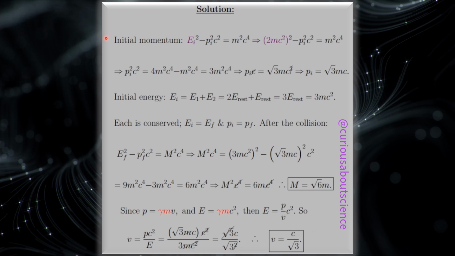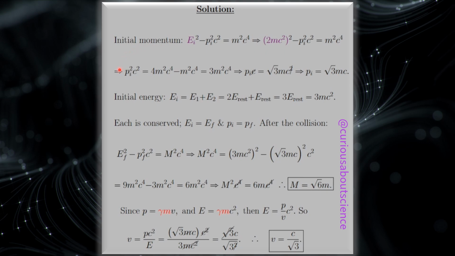Of course we have a conservation style question going on, so we need to know before and after. The initial setup is E_i squared minus p_i squared c squared equals m squared c to the fourth. But we were told that the energy was twice that of the rest mass, hence 2mc squared. So if we square everything, we're good to go.